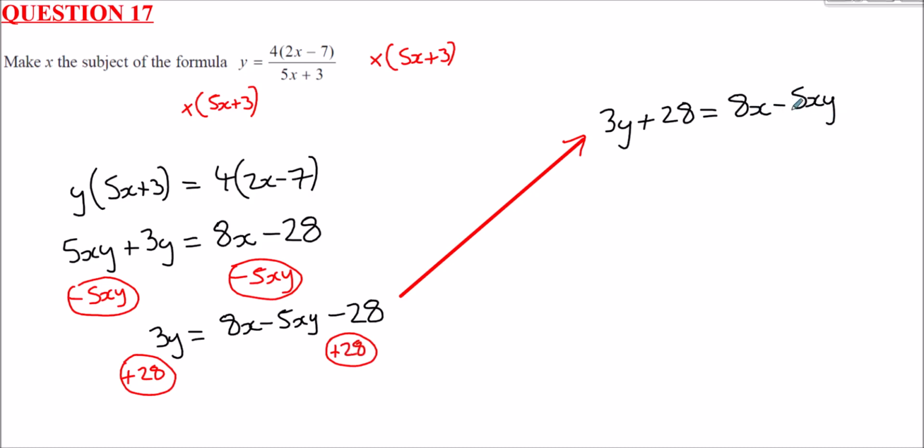Now these two instances of x can be made into one by factorising out the x. So if I now write 3y plus 28 and factorise the right hand side, I can take out the x, open brackets. To get 8x, I take x and times it by 8, minus sign, so stick a minus in. To go from x to 5xy, I need to multiply by 5 and y. I can now isolate x by dividing both sides of this equation by this bracket, 8 minus 5y.